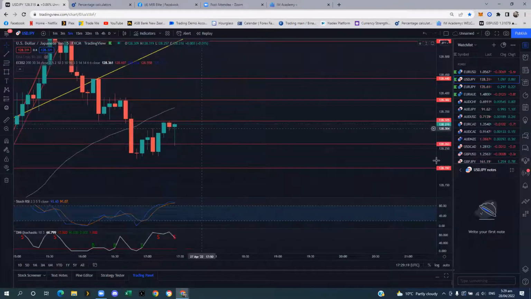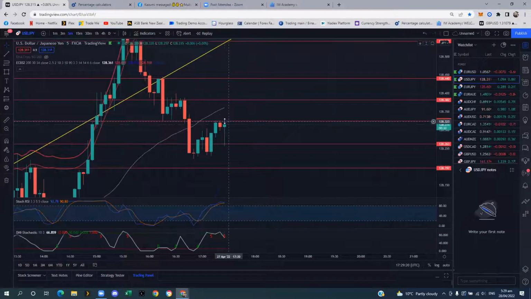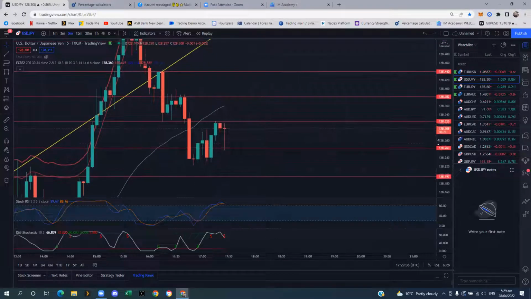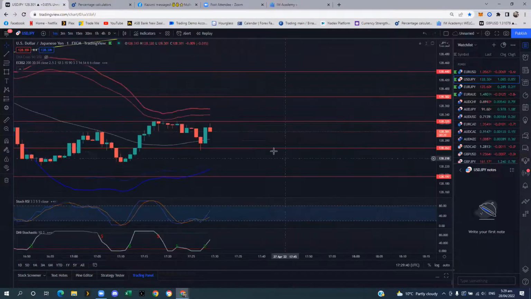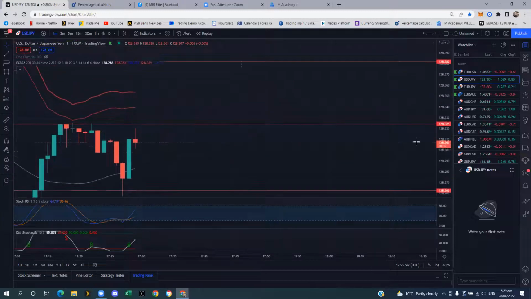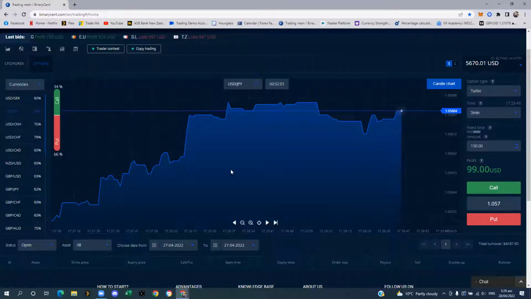On the 5-minute, I like to only enter trades within the last 1 or 2 minutes of a 5-minute candle. Right now, we're heading up into the resistance zone here, and I'm liking this for a put. Now, it may have gone already. I'm going to switch to the 1-minute, but if you switch to USD JPY, we might get a spike up. USD JPY.